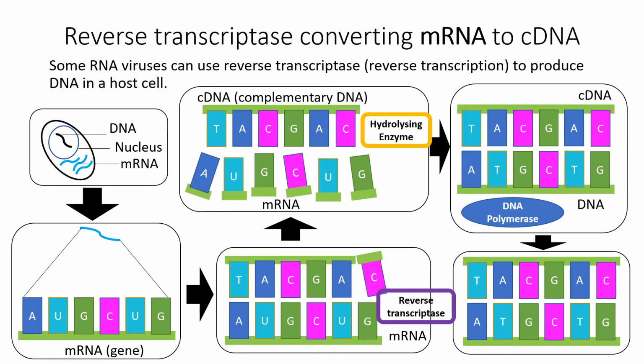As with all DNA, if we want to make a complementary strand, we use the enzyme DNA polymerase. The DNA polymerase reads the cDNA and forms a complementary strand. What we end up with is a double-stranded DNA that contains the coding sequence that is complementary to the original messenger RNA that we took out of the particular host cell.